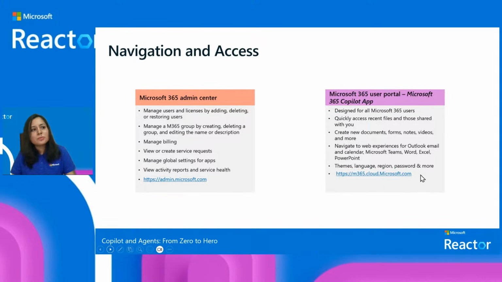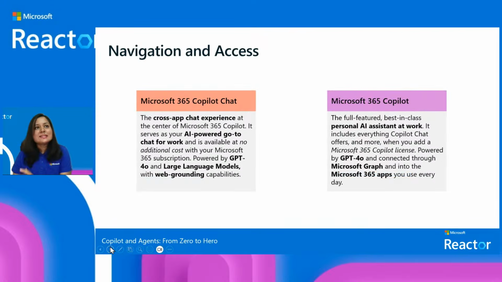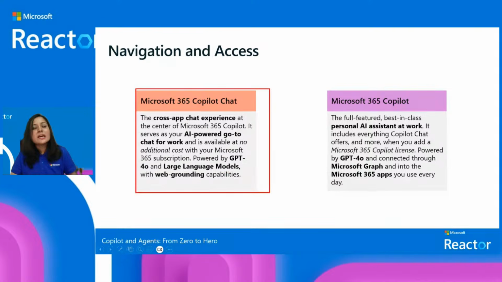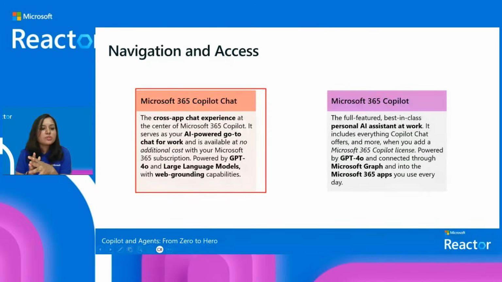The next thing we should be aware of, the common features for your navigation and access, are your Microsoft 365 Copilot chat and Microsoft 365 Copilot. The first one, Microsoft 365 Copilot chat, is a cross-app chat experience centered around your Microsoft 365 Copilot.